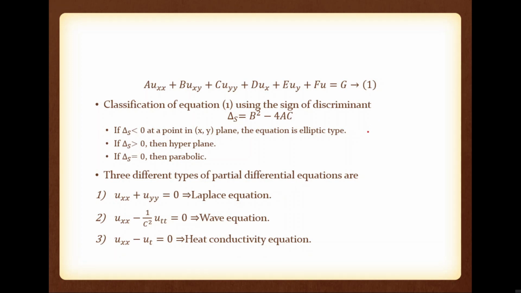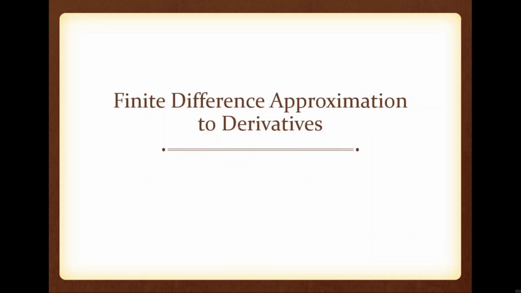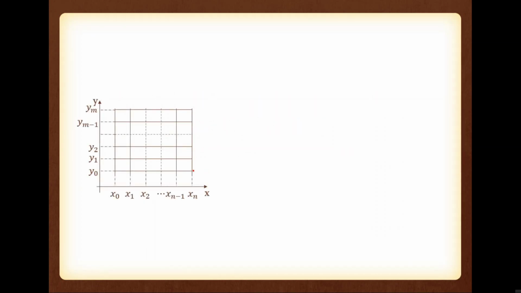So first we are going to discuss the finite difference approximation of derivative. Okay. Please note first, this one is an xy plane, because the unknown function u is depending upon both x and y, where x and y are mutually independent.